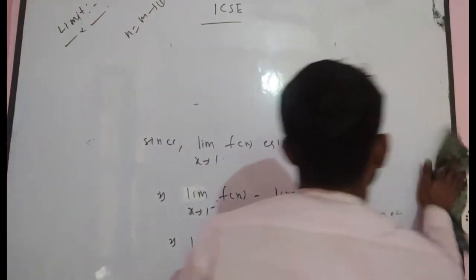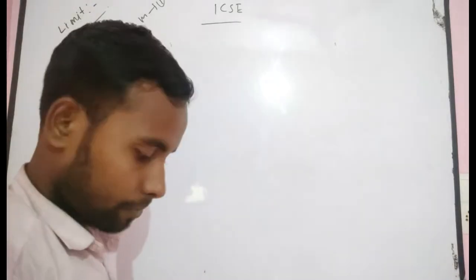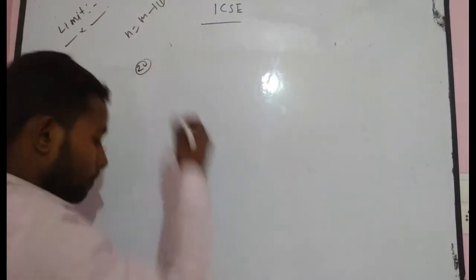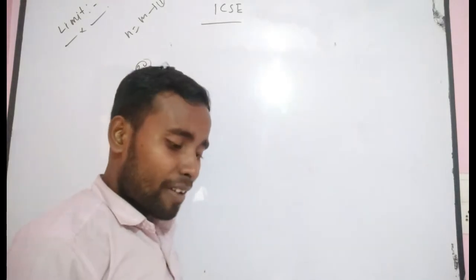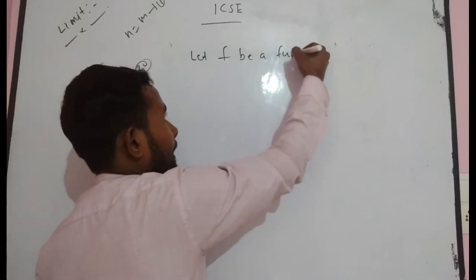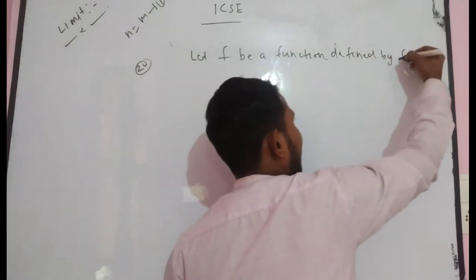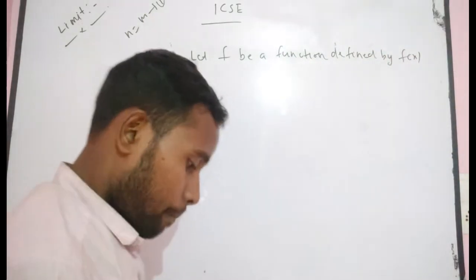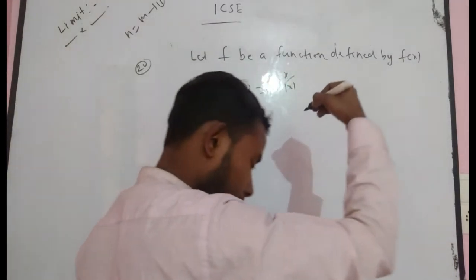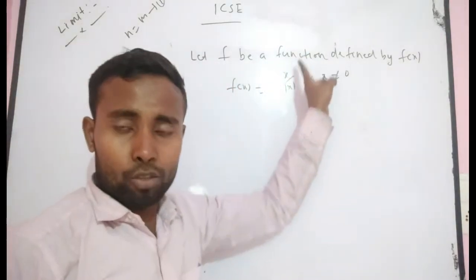Example 20: let f be a function defined by f(x) equal to x by mod x when x is not equal to 0.